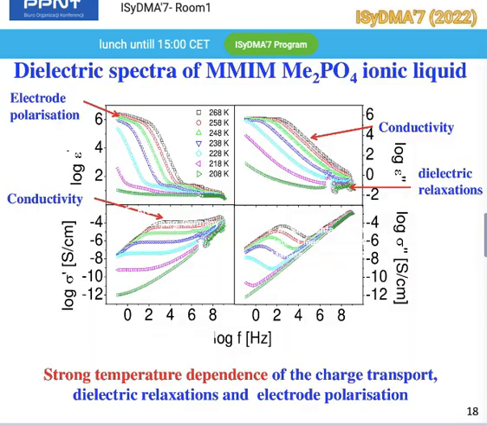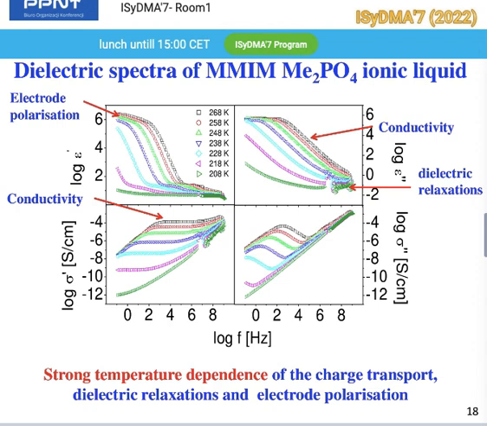And what are the dielectric properties of ionic liquids in general? This is a plot where we have epsilon prime, epsilon double prime, and, for the same ionic liquid, the real part of the conductivity and the imaginary part of the conductivity. What we see, starting from the high frequency range, at very high frequencies and low temperatures, the temperatures are indicated here, are dielectric relaxation processes.